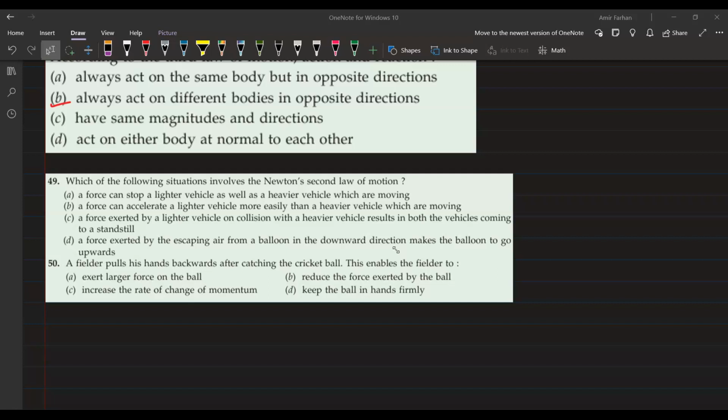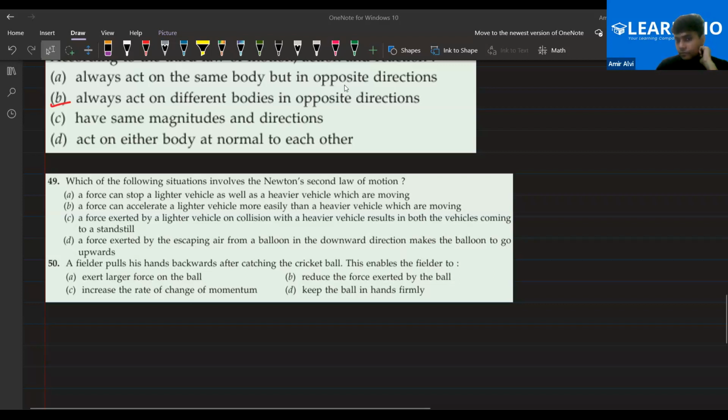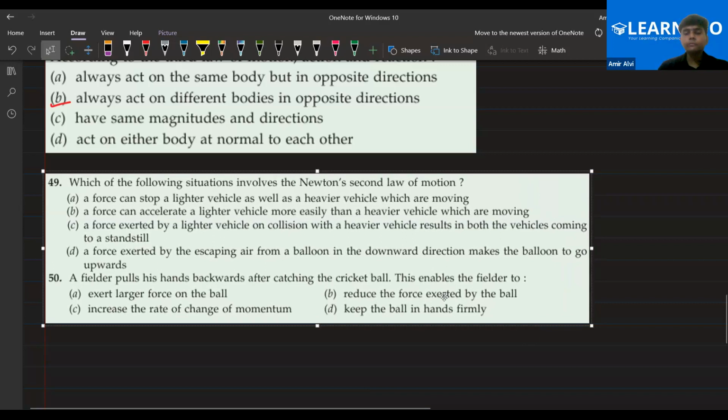Just a second. Okay, Stitva. Okay. Okay, Safia, what about the 49th question?